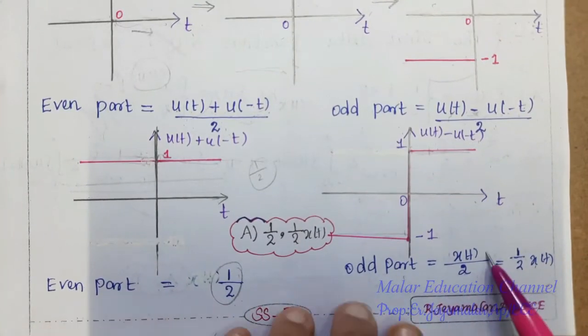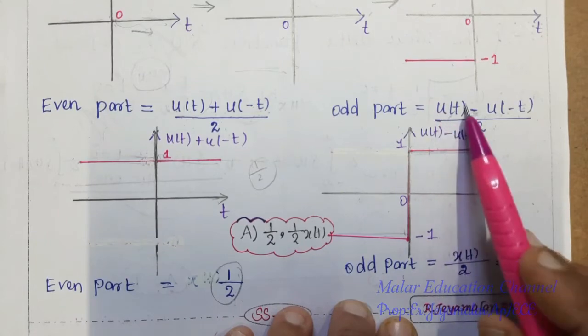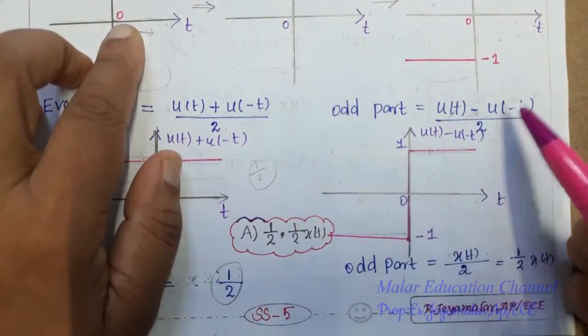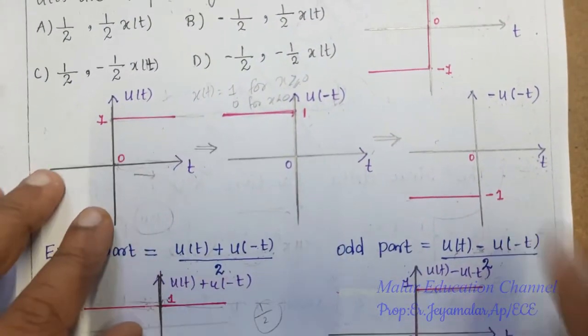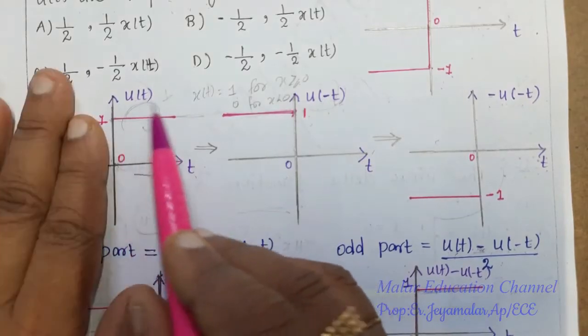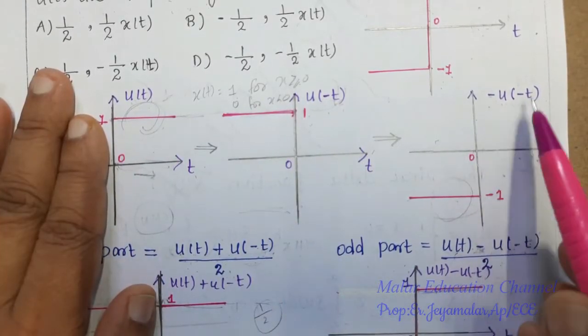Next, check the odd part. The odd part is u of t minus u of minus t. Compare u of t and u of minus t: here, the first and third diagrams. You have to add u of t and minus u of minus t. This portion is u of t, and this portion is minus u of minus t, isn't it?